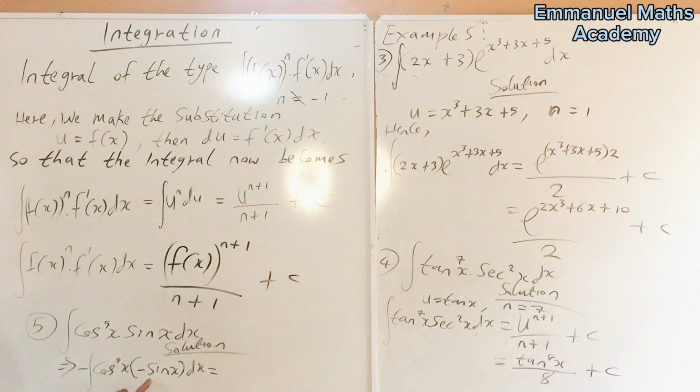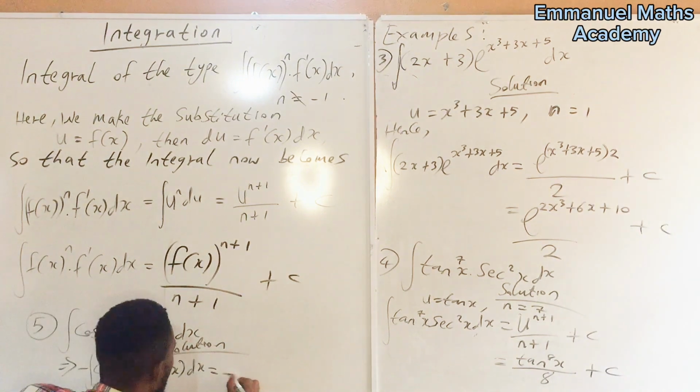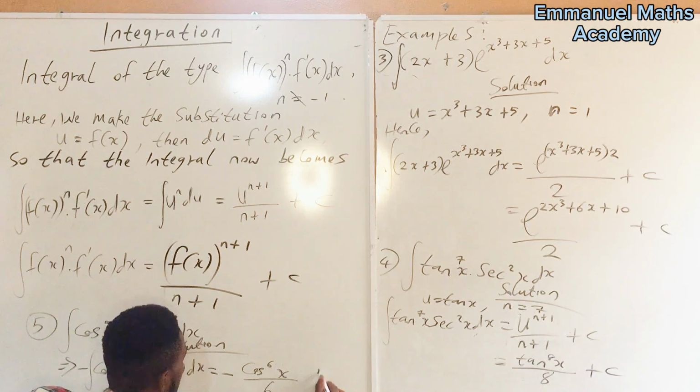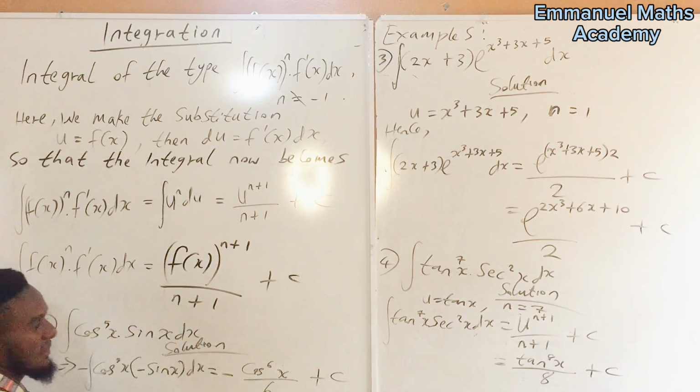You can see that this now is the derivative of this, because if you differentiate cos x, you get minus sin x. Now this is equal to minus cos^6 x over 6 plus c. As simple as that.